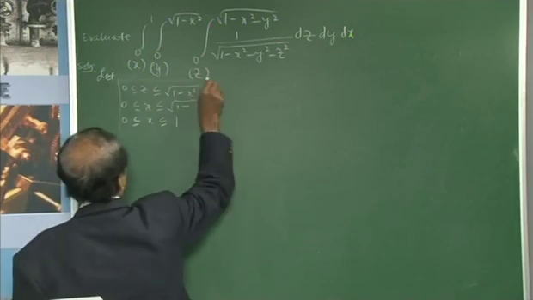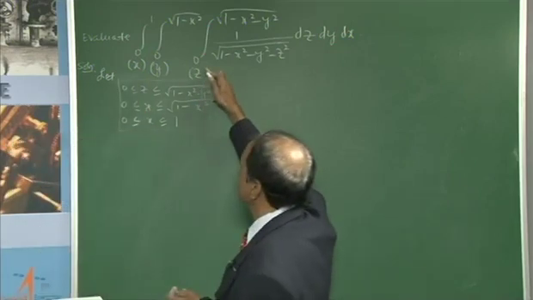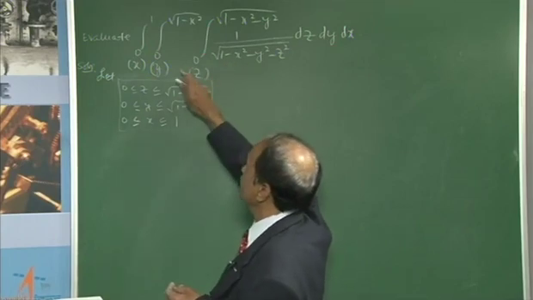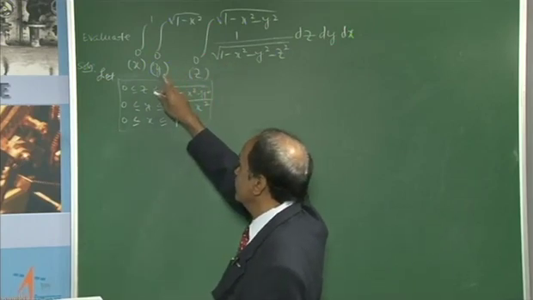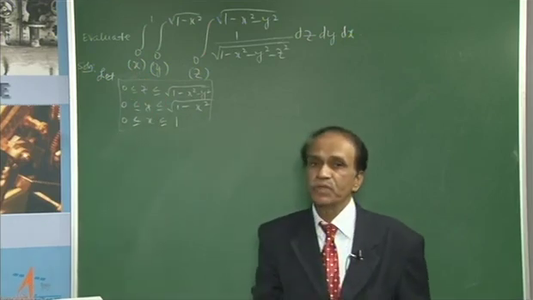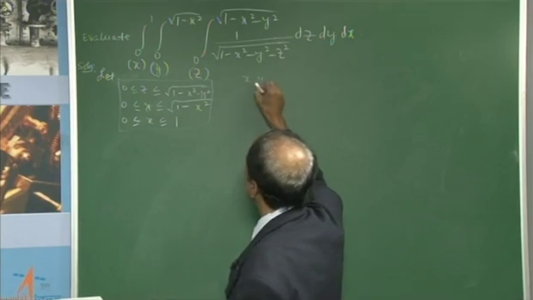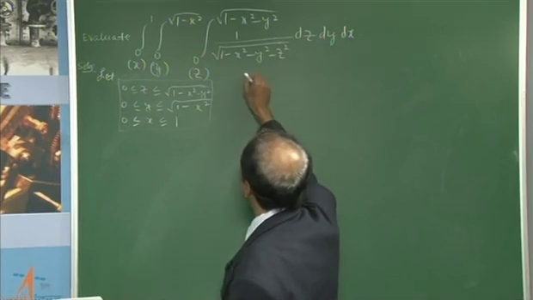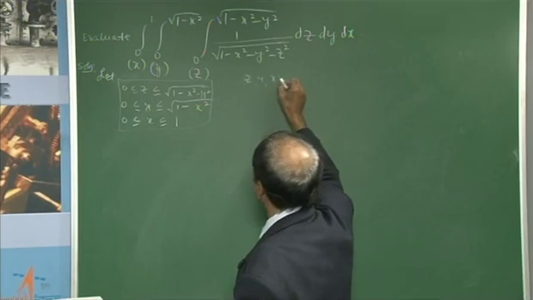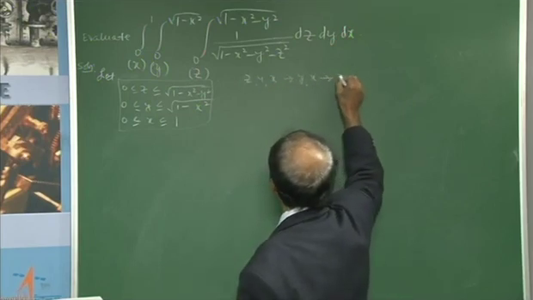So these are the inequalities. That means you cannot do with respect to x or y for the innermost, and you cannot do with respect to x for the middle integral, then obviously that is reduced to x. That means how we are going to take up z, y, x: z, y, x will be reduced to y, and x will be reduced to x.